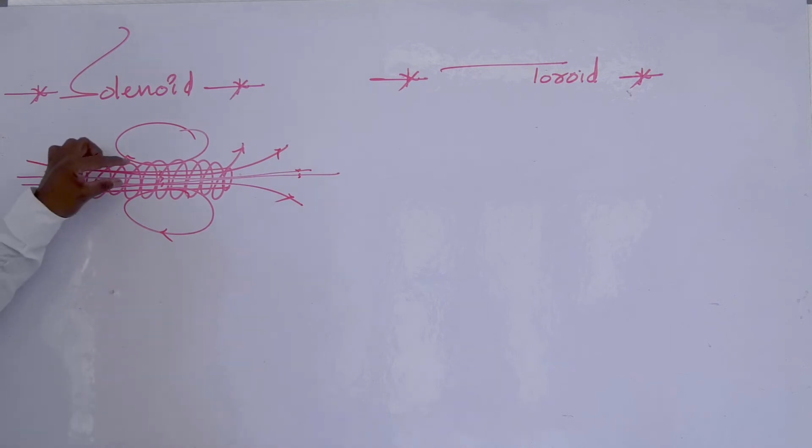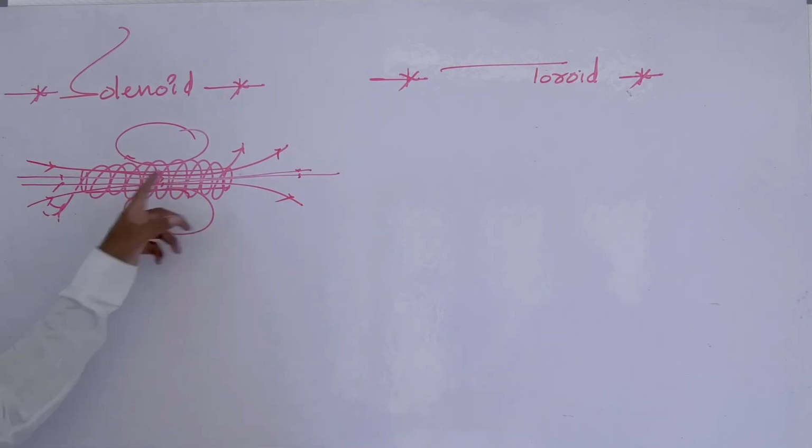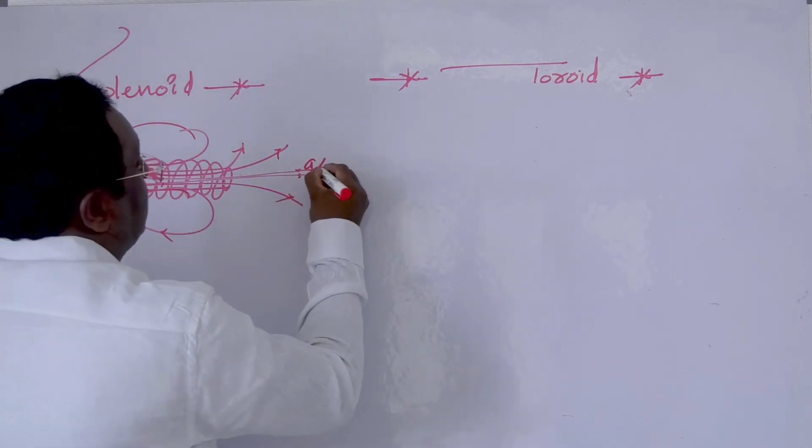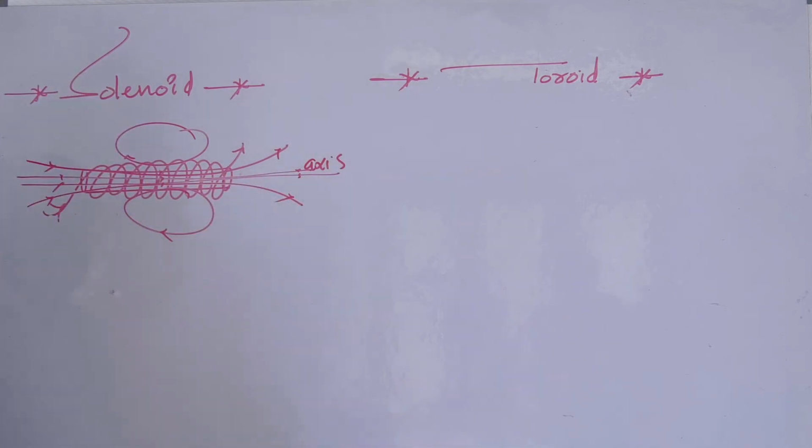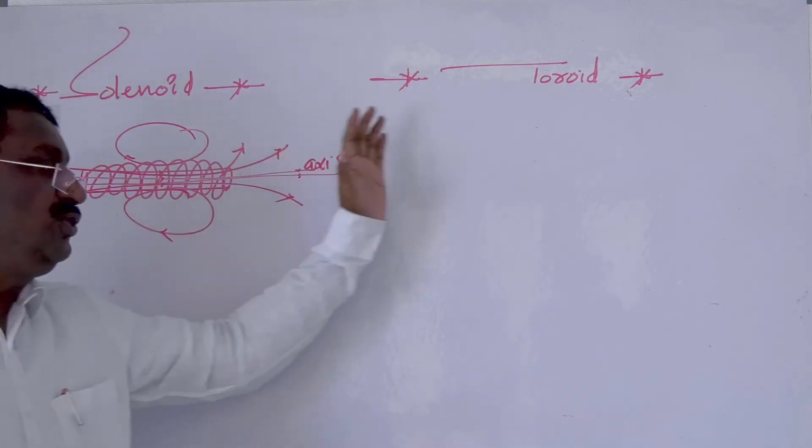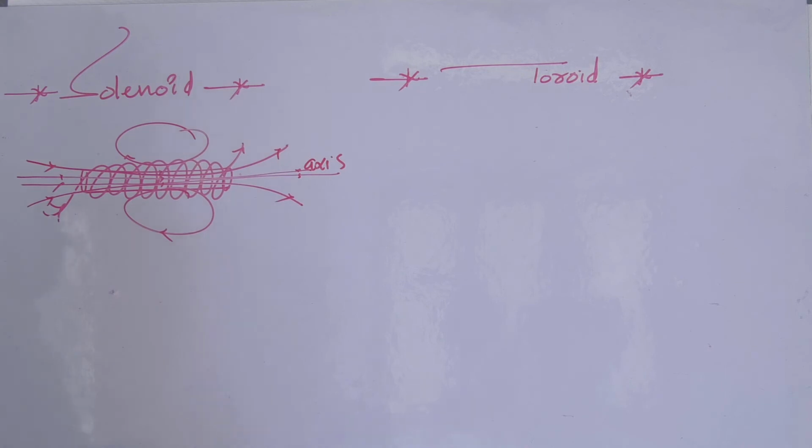Inside the solenoid, the field lines are all parallel, and their direction is parallel to the axis of the solenoid.